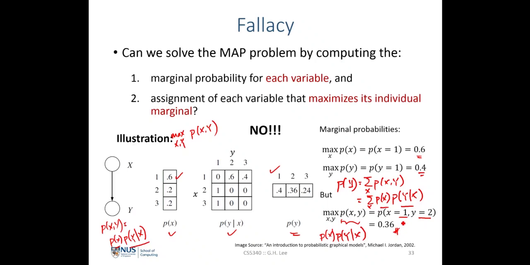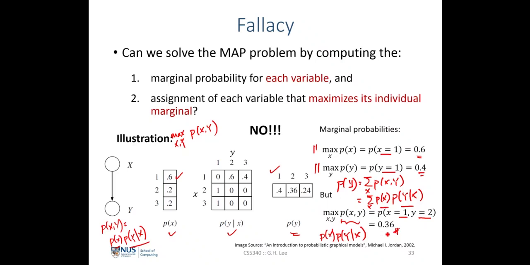What's interesting here is that the configuration of x and y that gives rise to the maximal joint probability is different from the maximal configuration of the respective marginal probabilities. In this case, it would be x equals 1 and y equals 1 that gives rise to the maximal marginal probability, and in the joint probability distribution, we can see that it's x equals 1 and y equals 2 that gives rise to the maximal value.